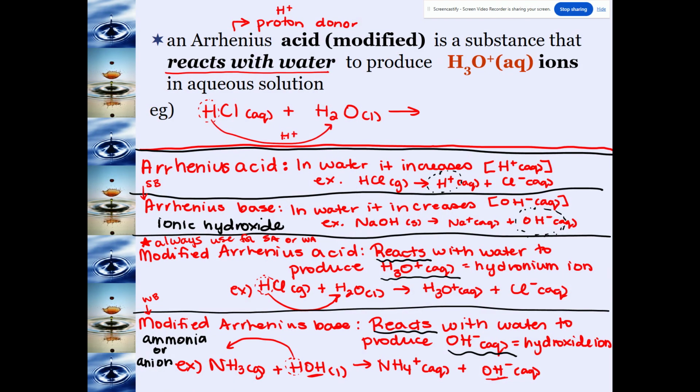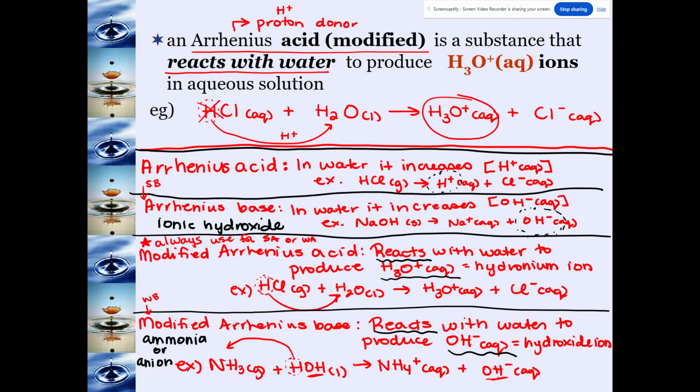So when the hydrogen ion bonds to the water, that generates your hydronium ions, the acidic ions in your solution. And now, when my H is gone, I'm left with a chloride ion by itself. So again, acids donate or give their hydrogen to water, a modified Arrhenius acid, and produce hydronium.